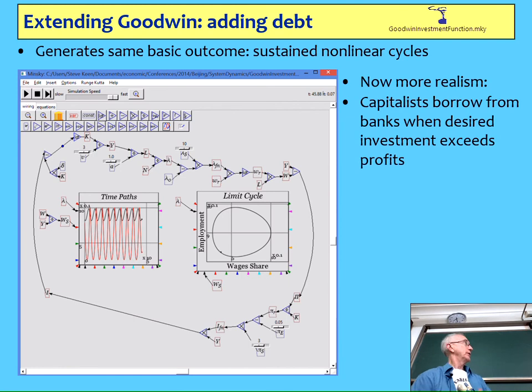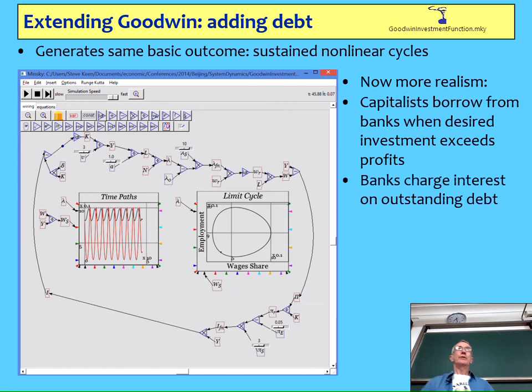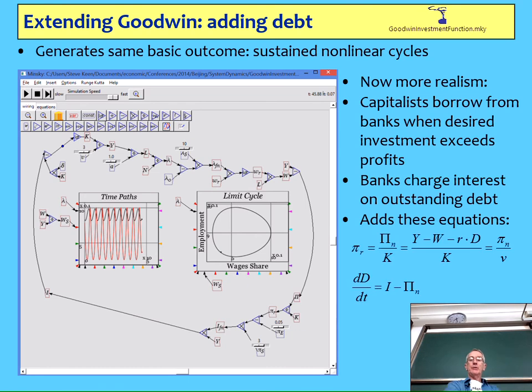But adding more realism, of course, when capitalists want to invest more than they earn, they borrow from banks. And when they earn more than they want, they pay banks' debt back. And banks charge interest. So that now adds these simple equations to the model. The actual rate of profit is net profit divided by capital, and that's output minus wages minus the interest rate on existing debt, so including debt inside there.